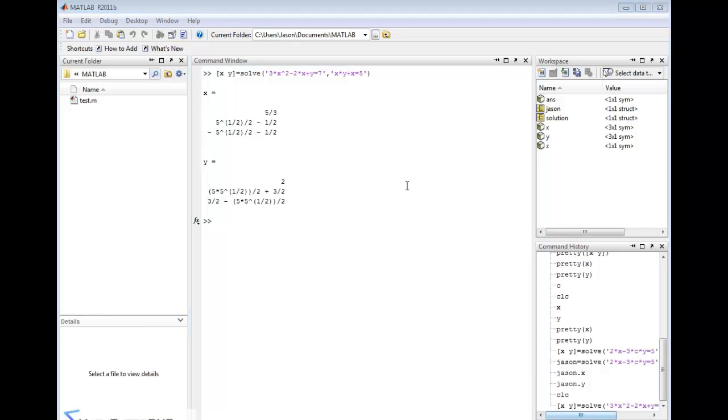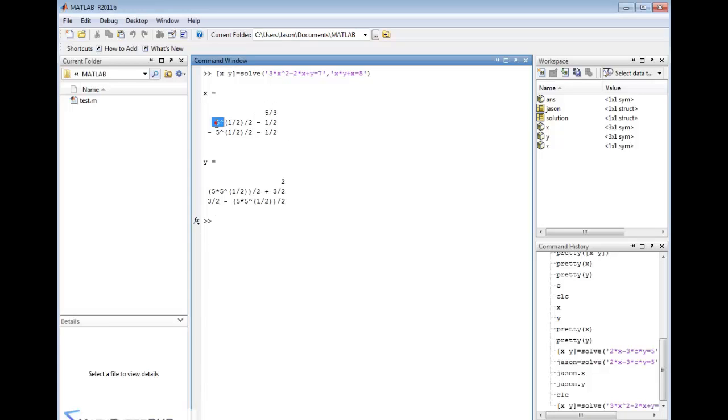And what this is really telling you, notice we haven't really seen a solution quite like this. X has 3 elements, 5/3, and then we have this one, and then we have this one, and Y also has 3 elements. What this is telling you is there are really multiple solutions for X and Y. And the reason there are multiple solutions is because this is really a higher order, nonlinear system of equations.